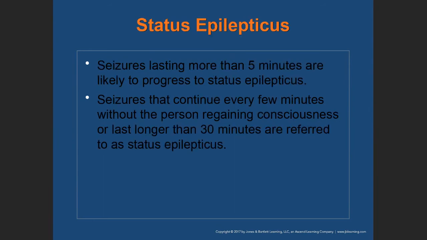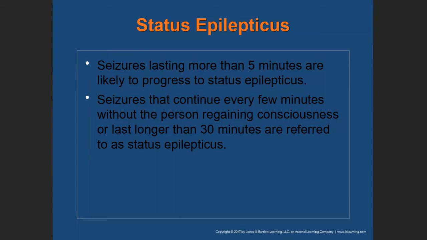Now, then you have your status epilepticus. So for textbook purposes, seizures lasting more than 5 minutes are likely to progress to status epilepticus. Generally speaking, status epilepticus is a seizure in which the patient does not regain consciousness.